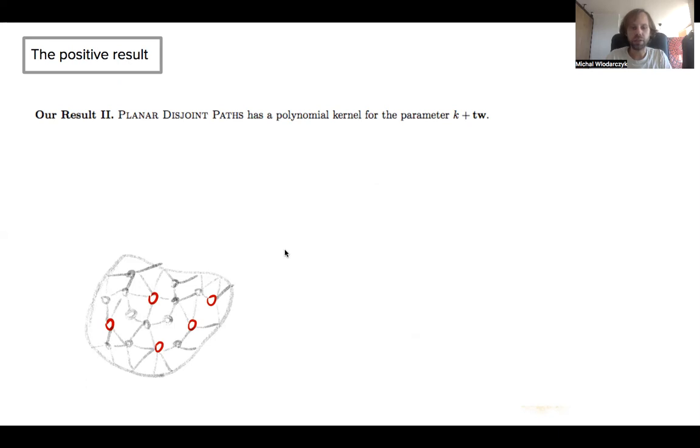So the second result is a polynomial kernel for the parameter k plus treewidth. And the idea of this kernelization algorithm is to reduce the problem to the case where all the terminals lie on the outer face. It is pretty common for planar problems to become way simpler for this case. How can we do this?